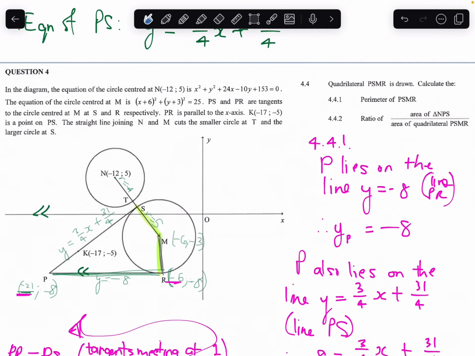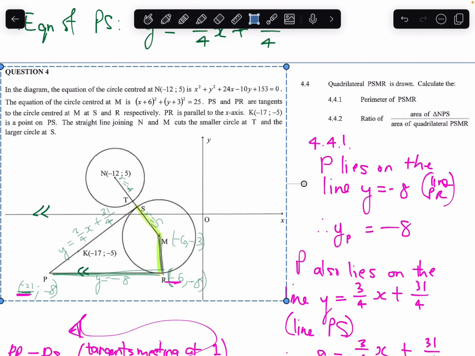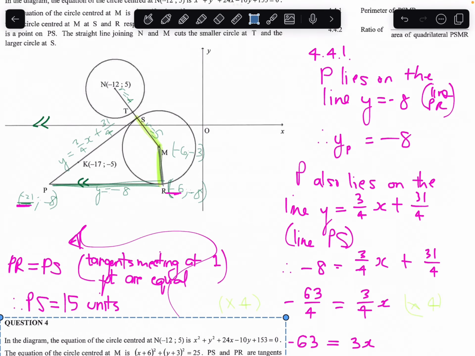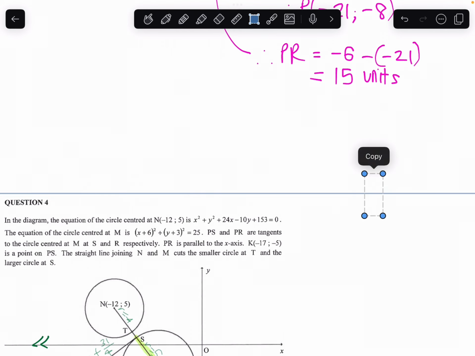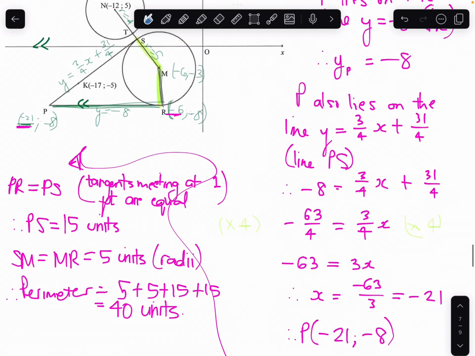Okay, I'm going to need to do this on a new page then. So let me do this. Underneath the question.